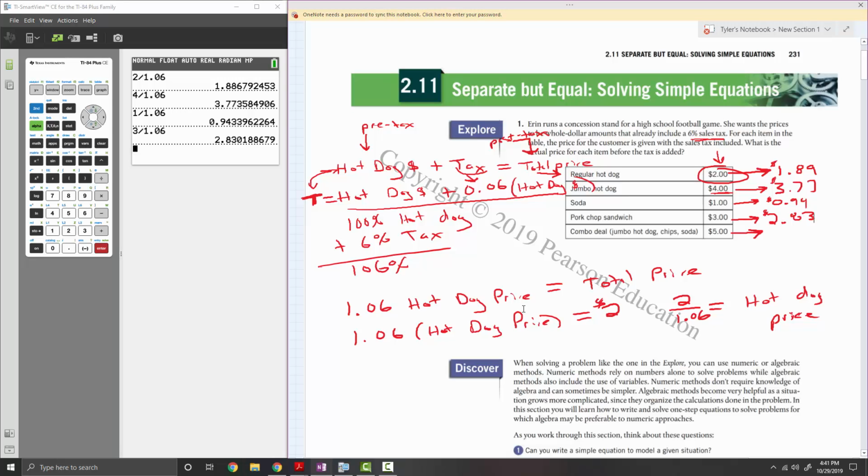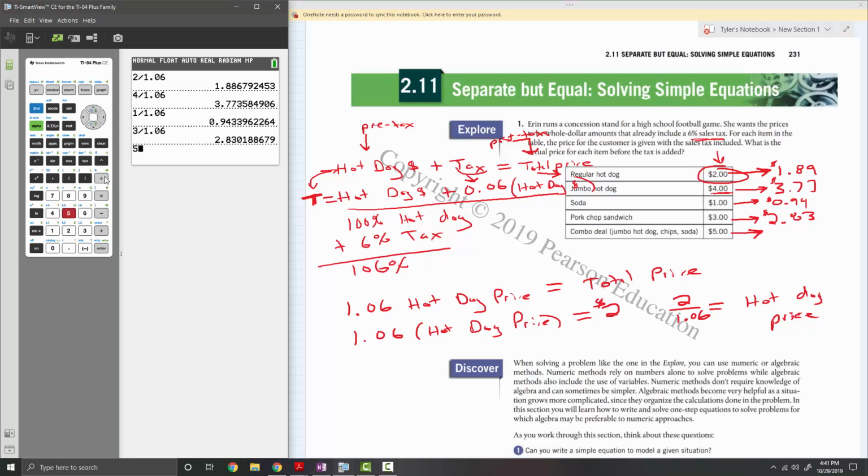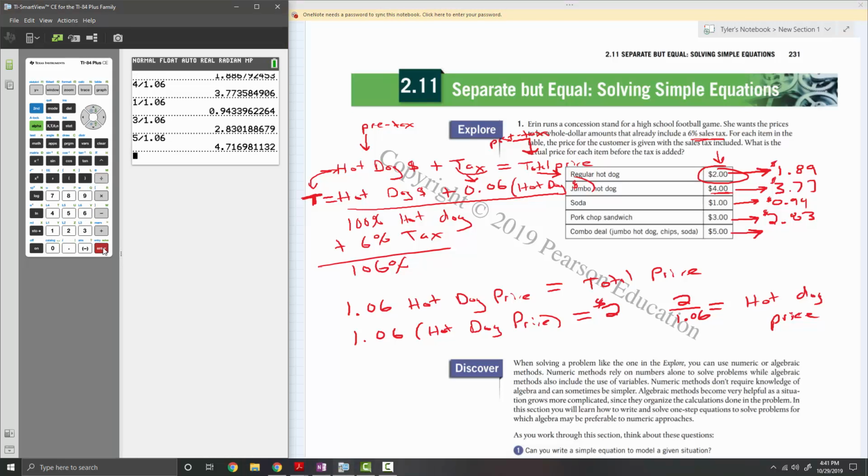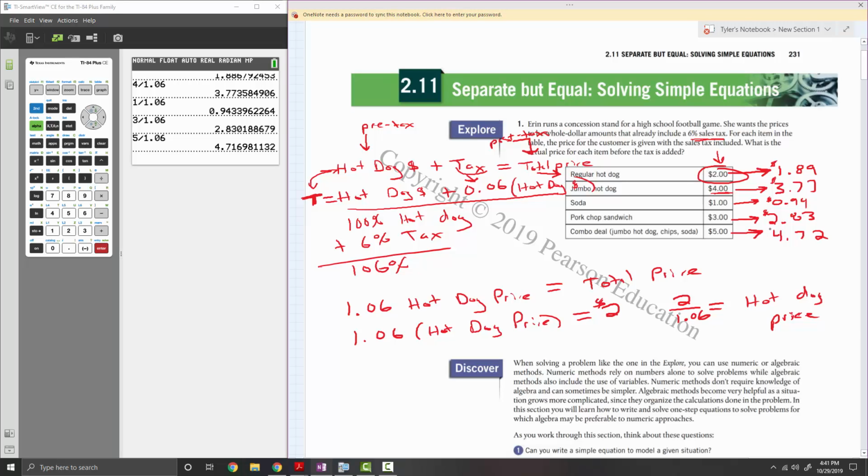And then the combo is $5, so I would do 5 divided by 1.06. So we get $4.72, rounding that.